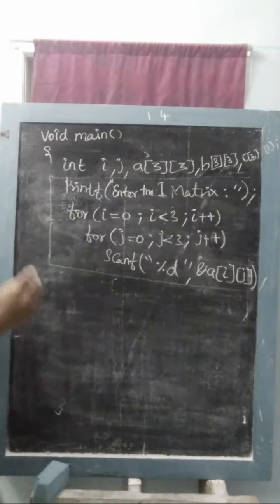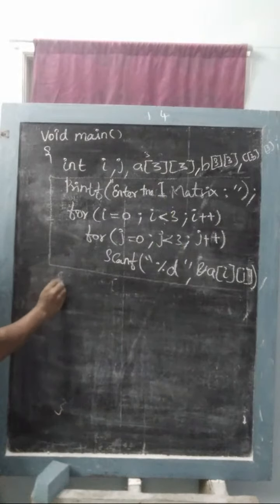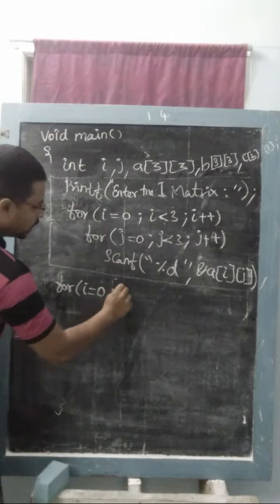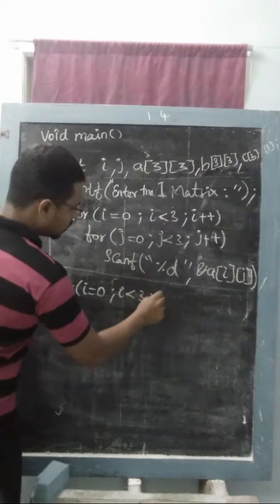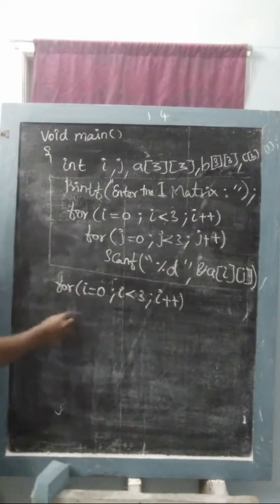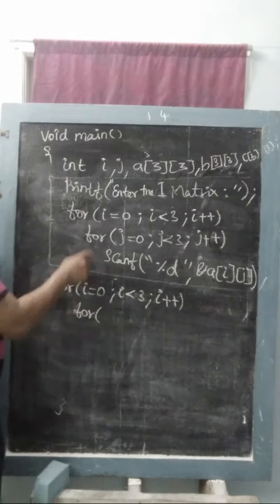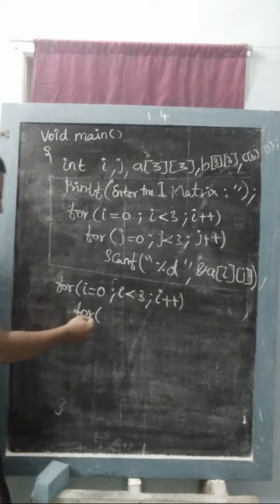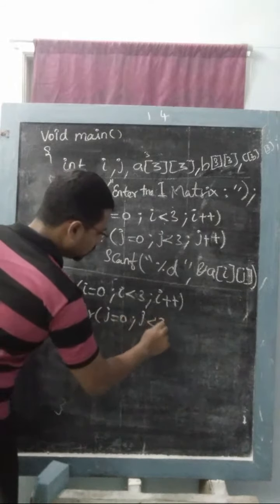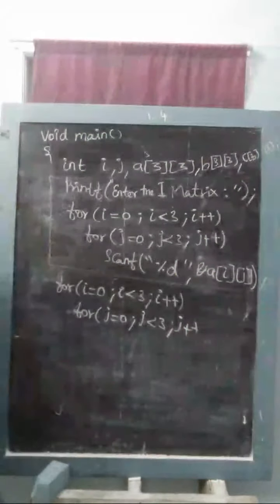For that, we have to put a for loop: for I is equal to 0, I less than 3, and then I plus plus. The same way, after getting B, you have to write this. So J is equal to 0, J less than 3, and then J plus plus.